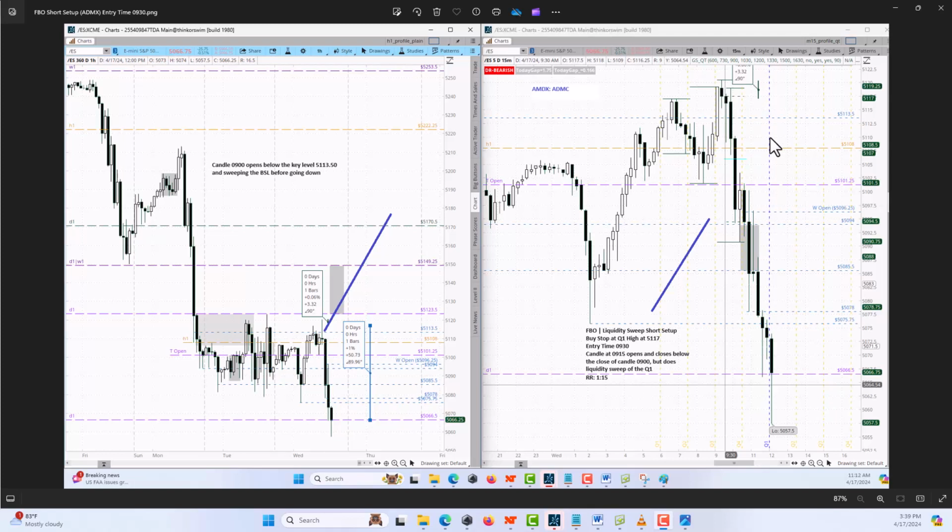And look at how precise it happened. As soon as the breakout, you see the next candle open below that, but it did sweep the buy side liquidity and then close below the close of this one. This candle the same, close below and then retest all the way here, and this is where it dropped.